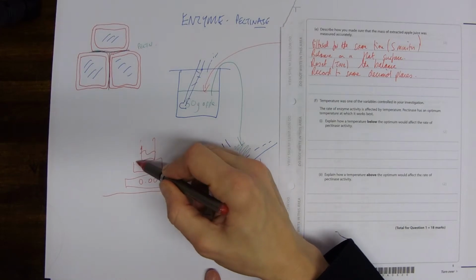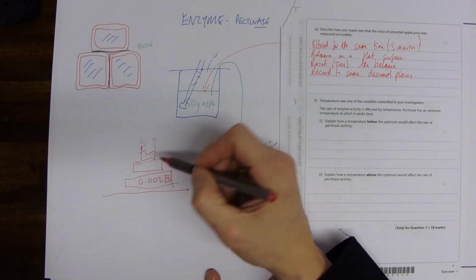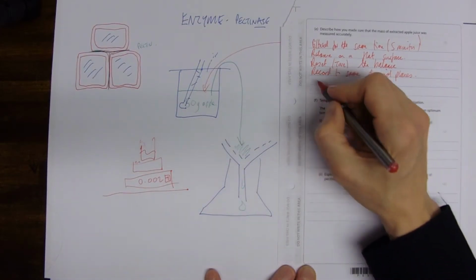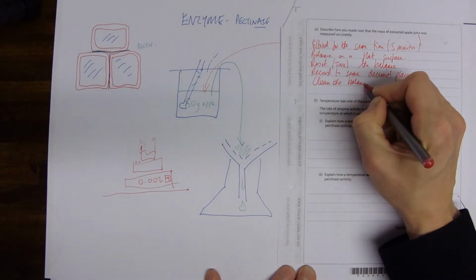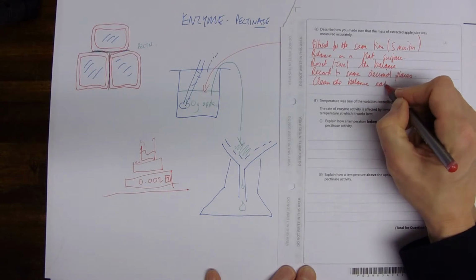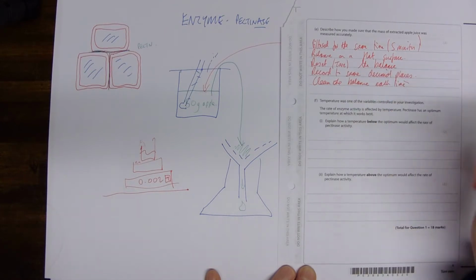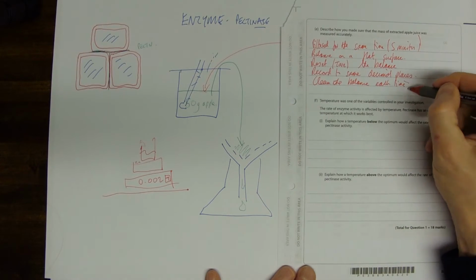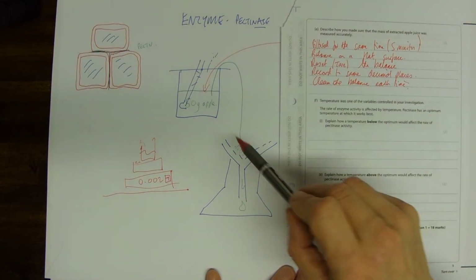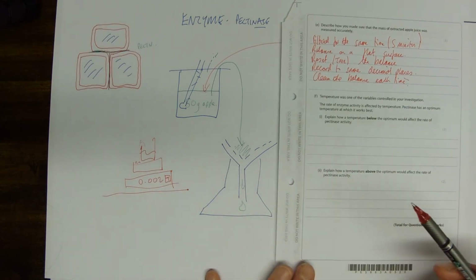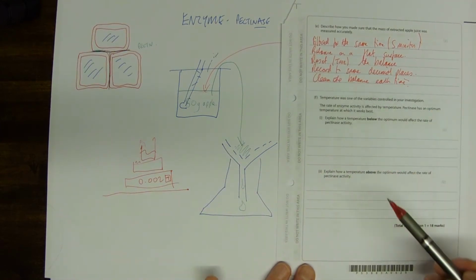Sometimes bits of apple or whatever might get spilled on this balance, so remember to clean it. So clean the balance each time. So that's the mass, and there are a number of other possibilities for this experiment, but we need 3, so 3 of those will do.